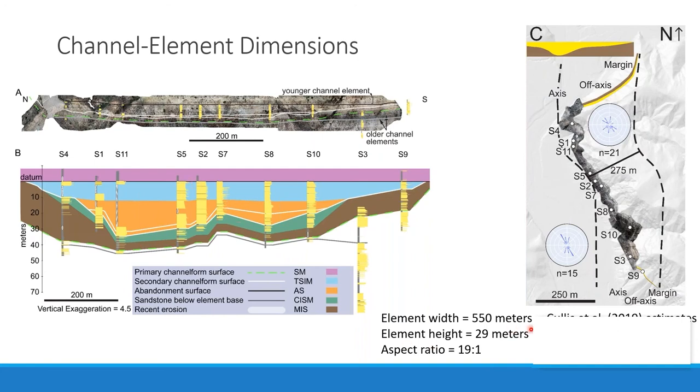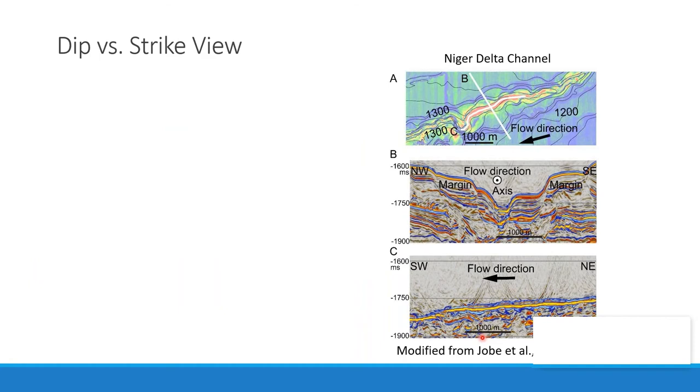We wanted to compare it to other publications, so we plugged this thickness into Cullis et al.'s power law relationship. It gives us an estimated width of 575 meters. So we think we are in agreement with other published channel element widths.